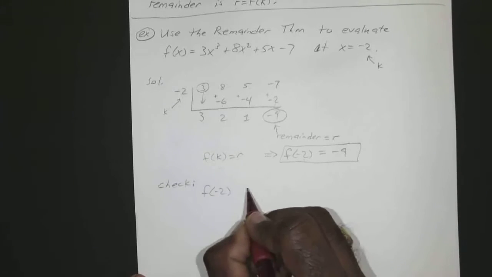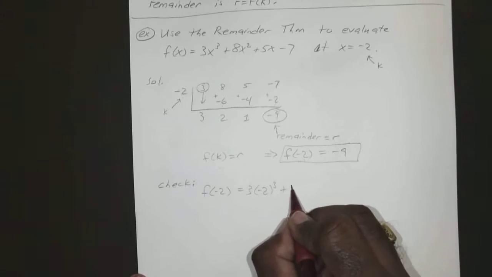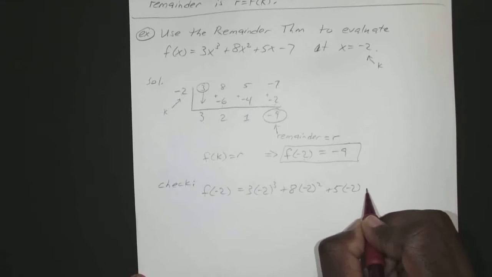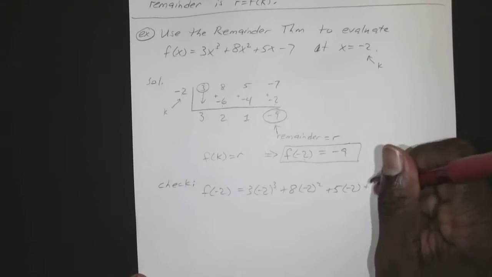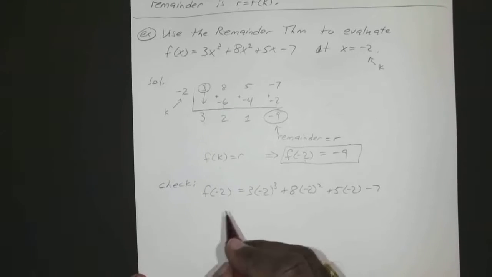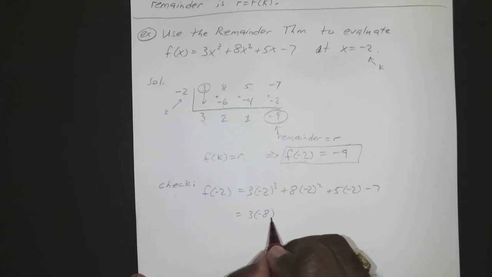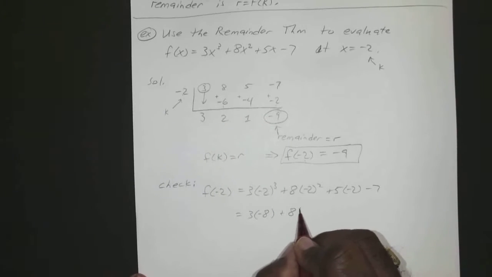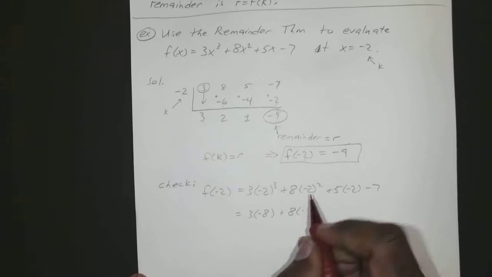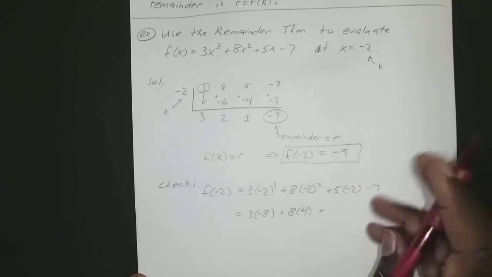So f of -2 is 3 times -2 to the third plus 8 times -2 squared plus 5 times -2, minus 7. Okay, so that's going to equal 3 times -8, which is -24, plus 8 times 4, plus 5 times -2, which is -10.